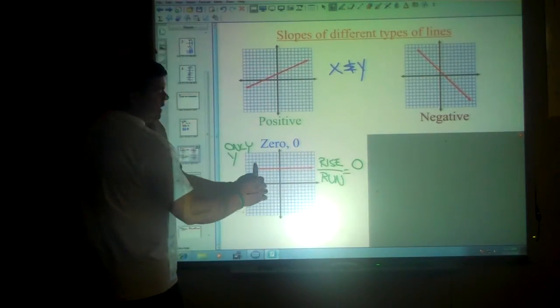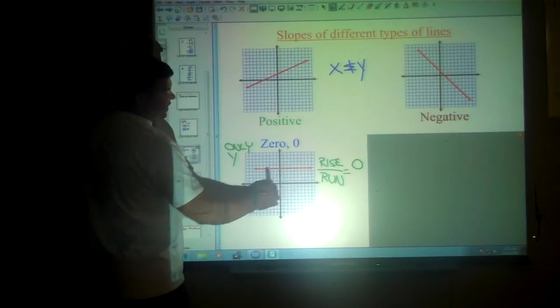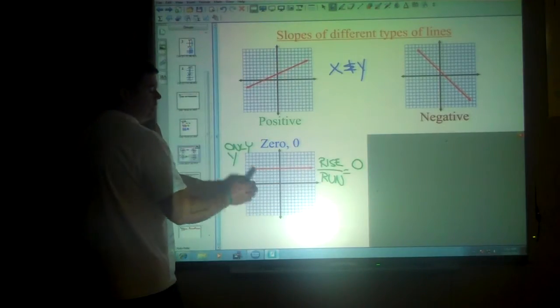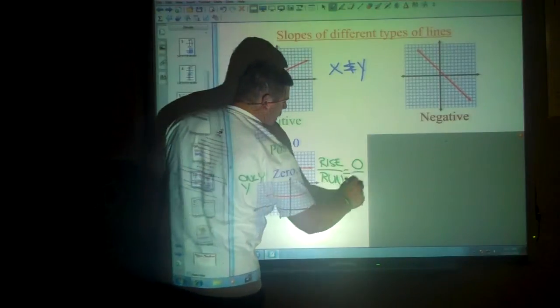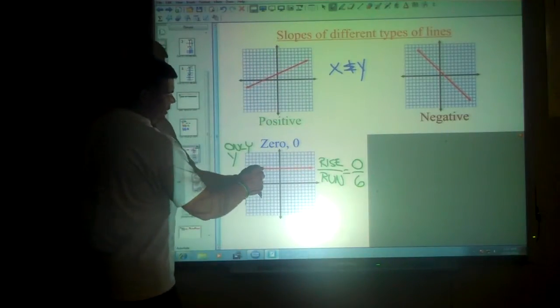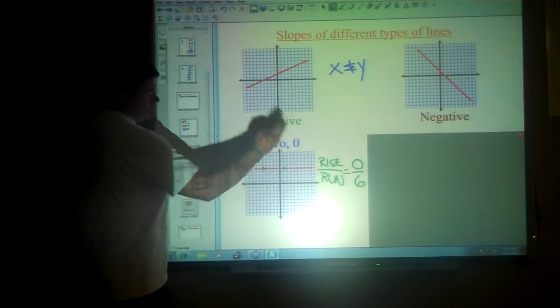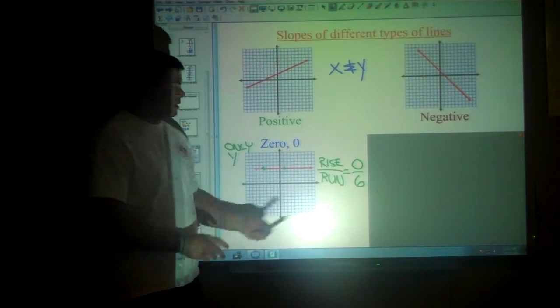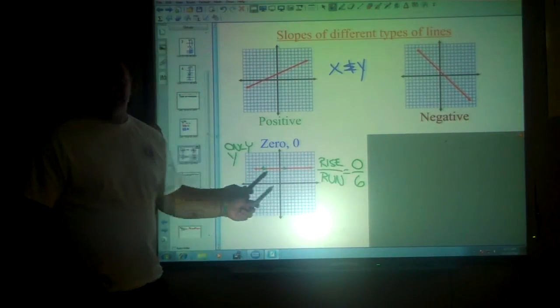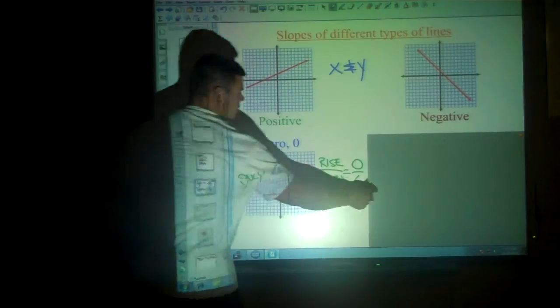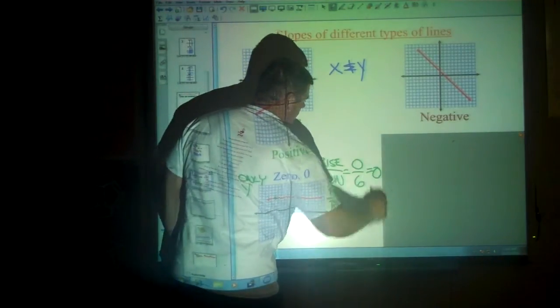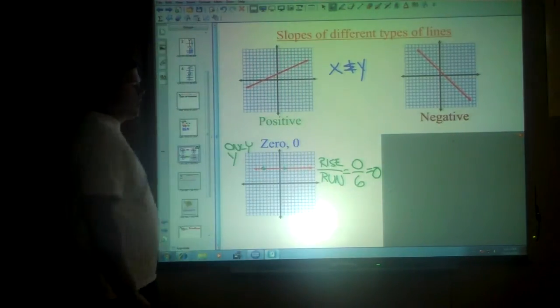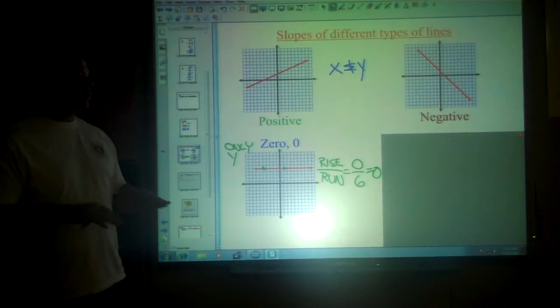The run can be any number. It could go right 2, it could go right 6, it could go right 8, it could go left 10. It doesn't matter. You can pick any number you want to go down below. Maybe it goes from here to there. If that's the case, 0 divided by 6 is 0. It's going to equal 0. Any horizontal line has 0 slope.